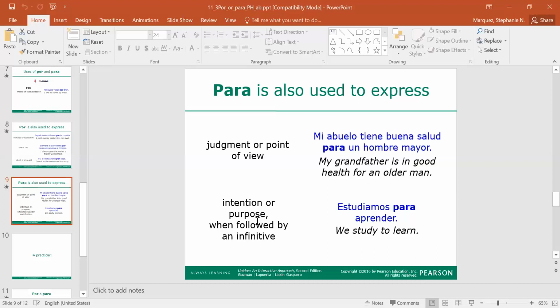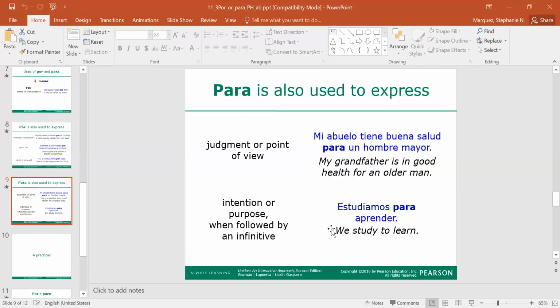It says over here that it's the intention or purpose of something, but they do want you to know that it's always when it's followed by an infinitive, which is what we see right here. Para, followed by an infinitive. So you say, for example, why do we come to class?